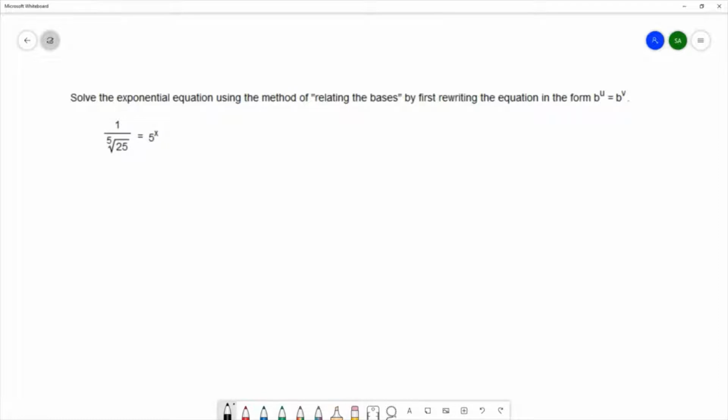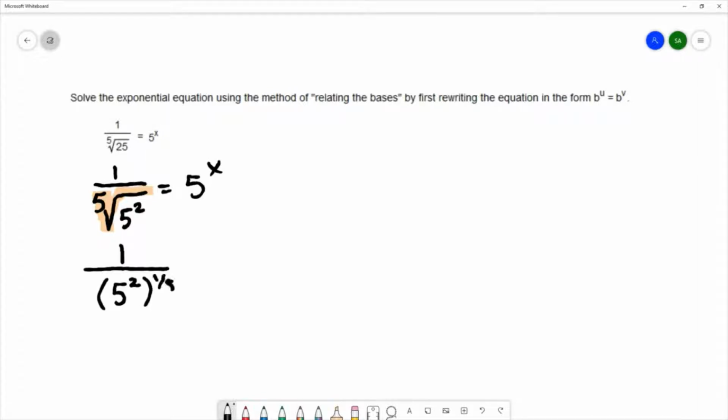So I can write 25 as 5 squared, and I need to remember that radicals can be written as fractional powers. Because this is the 5th root, I can write this as 1 over 5 squared to the 1/5 power.